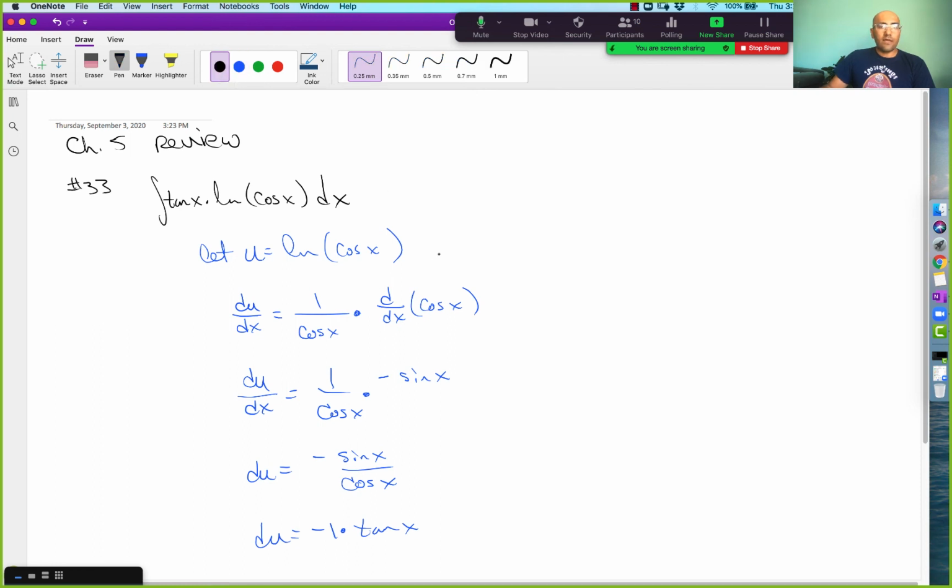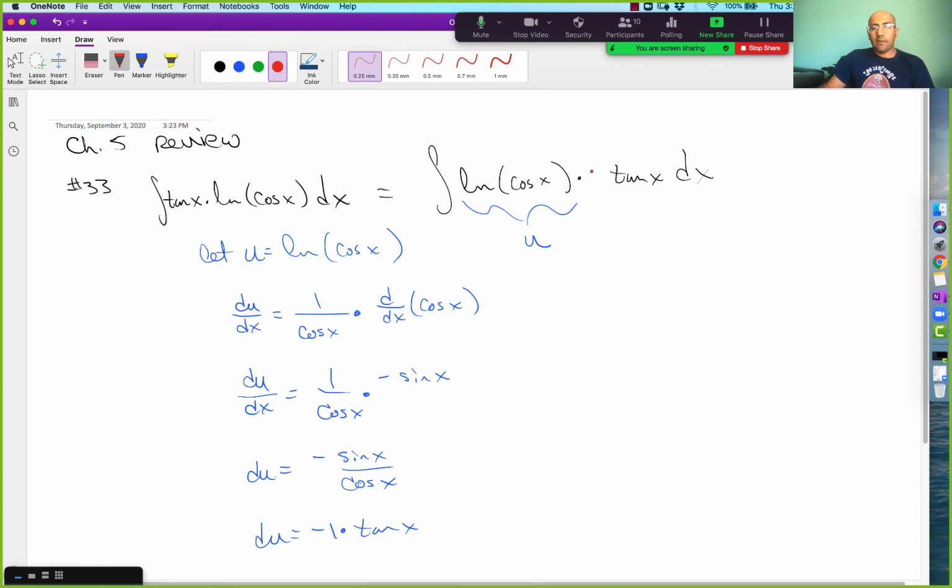Okay, so now I'm going to come back over here, and I'm going to rewrite this as ln of cosine x times, and then there's this tangent x dx. So this part is just going to be my u, and I almost got everything I need for the tangent. I need an extra negative, right?